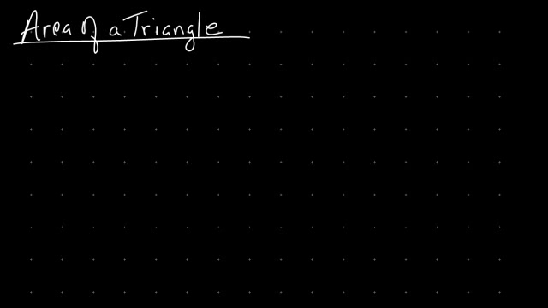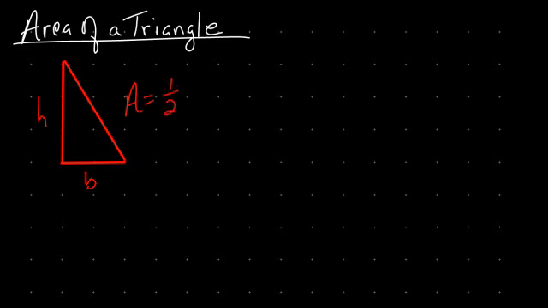So what the formula is, given any triangle, if we call this side the base and call this side the height, we get that the area equals 1/2 base times height.